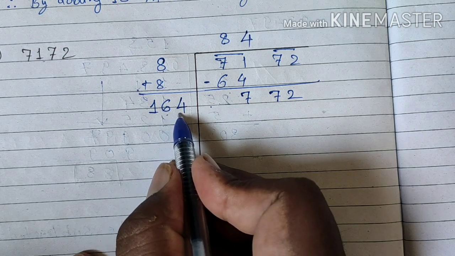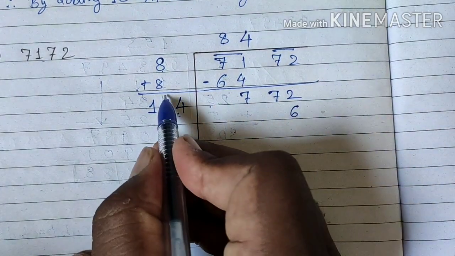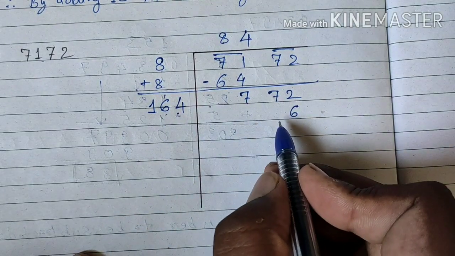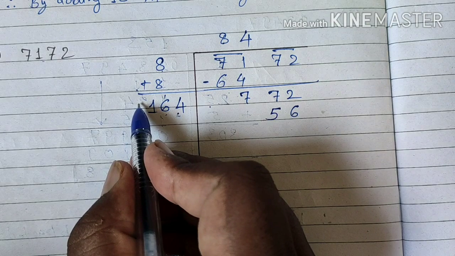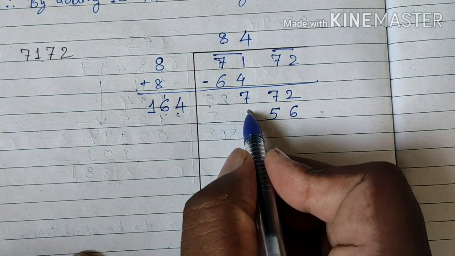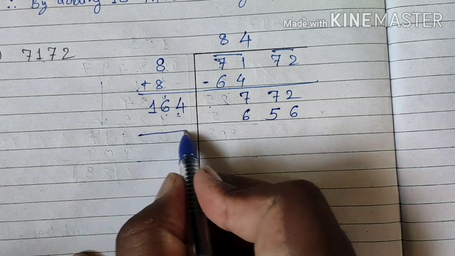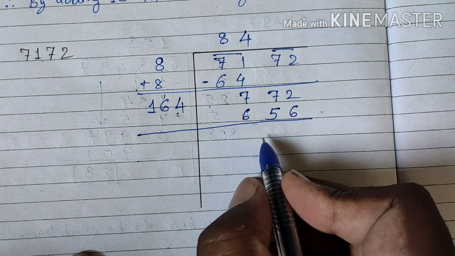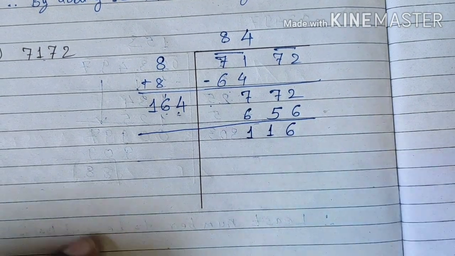So 164 multiplied by 4. What are we getting? 4 4s are 16. 1 carry, 4 6s are 24 plus 1, 25. 2 carry, 4 1s are 4 plus 2, 6. That is 656. Subtraction is 116.